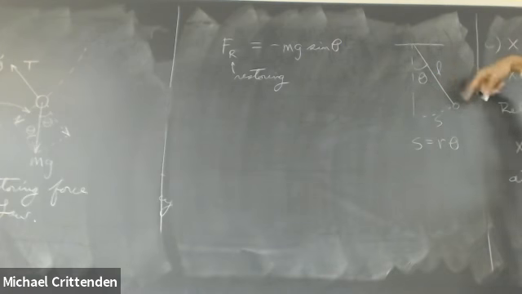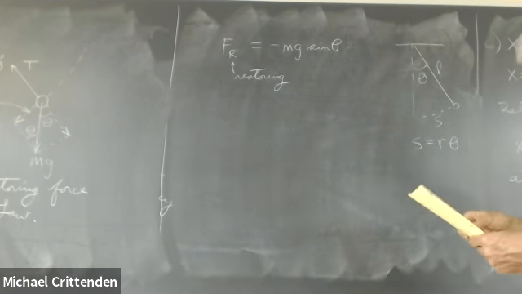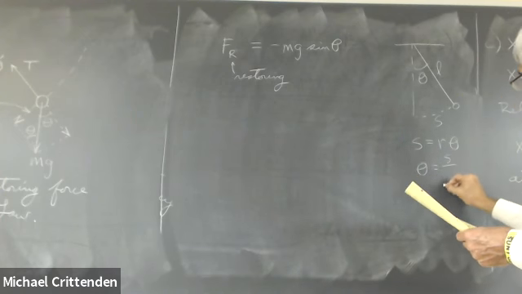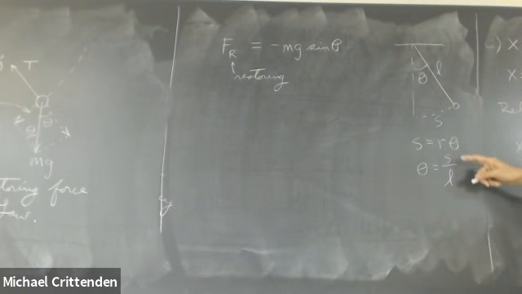In this case, the radius, I called it L for the length of the string. So theta equals S over R, where in this case, R is equal to L, the length of the pendulum.